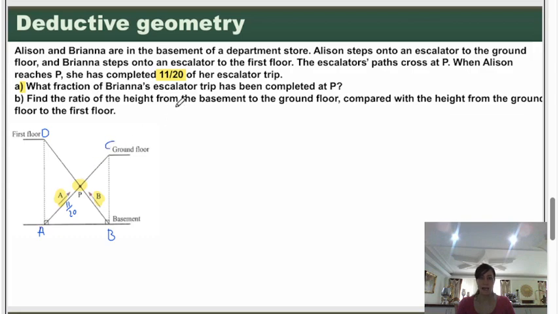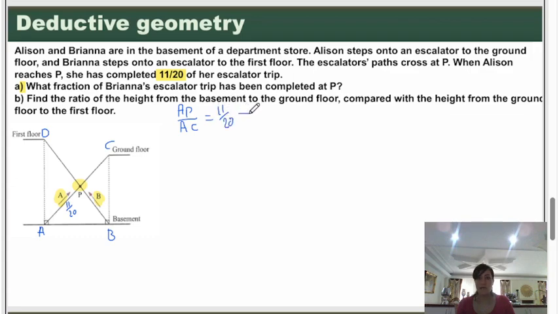So I say AP over AC, the information the question gave us, equals 11 out of 20.